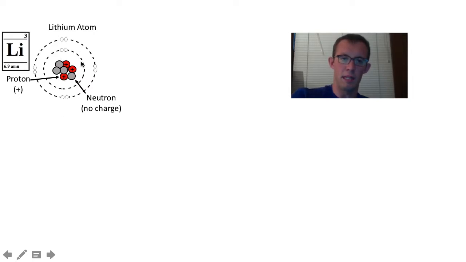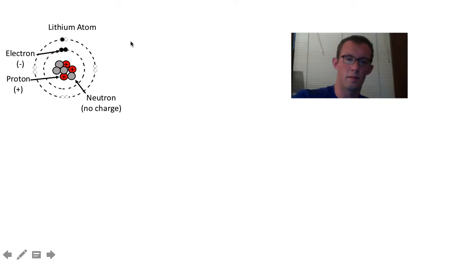Now, because these protons are positive, they will attract negatively charged particles. We'll show that here. And these negatively charged particles are electrons. Because there are 3 protons, at least initially, these will attract 3 electrons. And you'll notice that these electrons attract into shells around the atom.